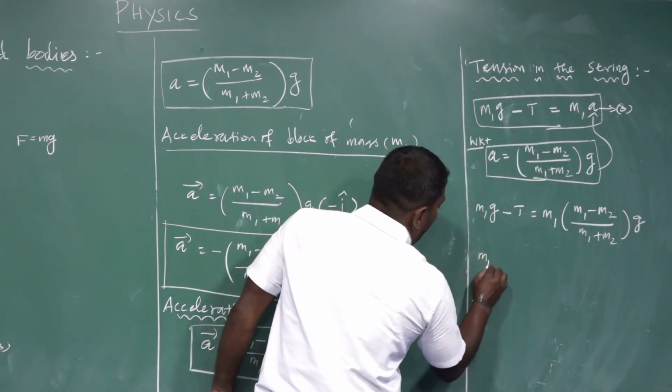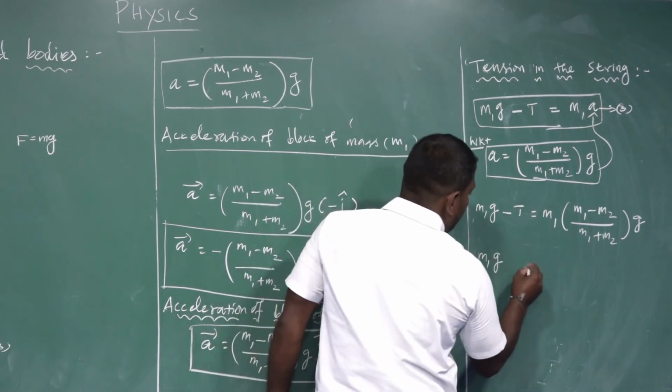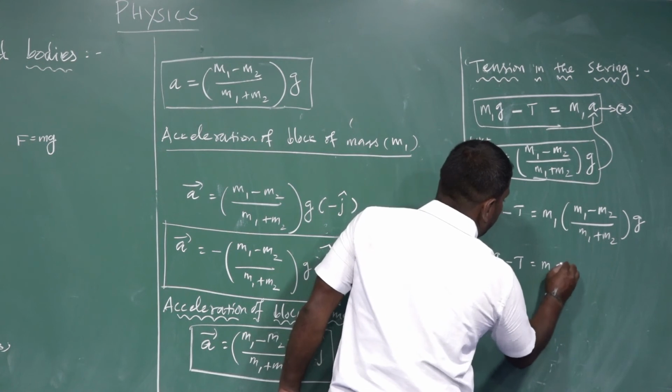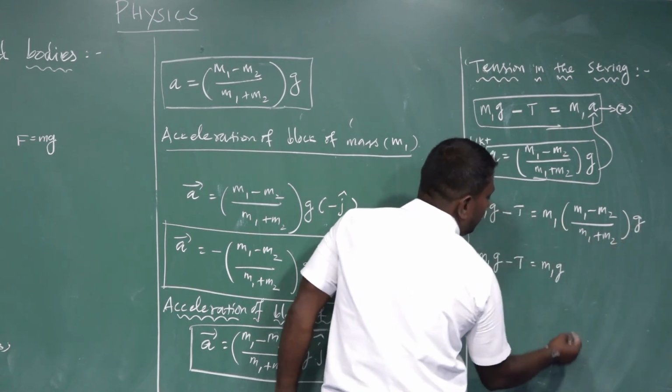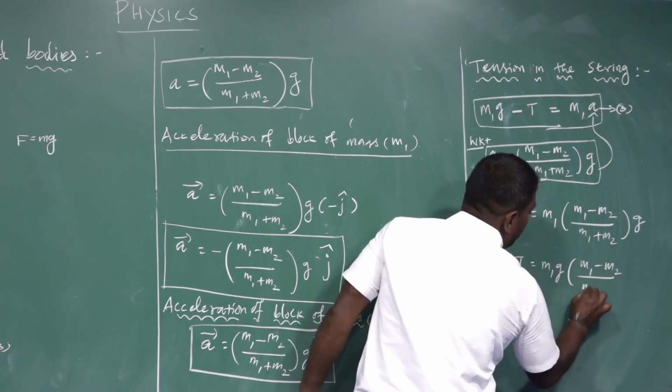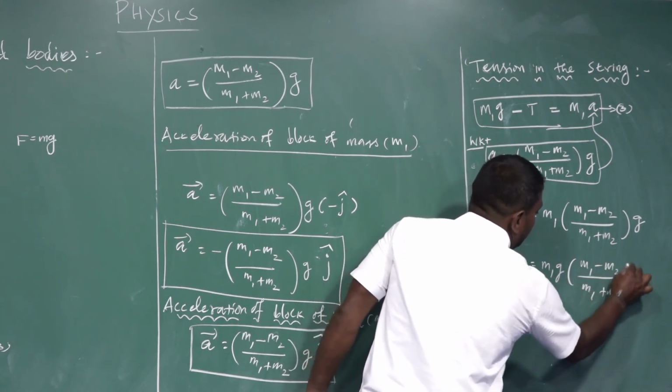So m1 g minus T equals m1 g into (m1 minus m2) divided by (m1 plus m2).